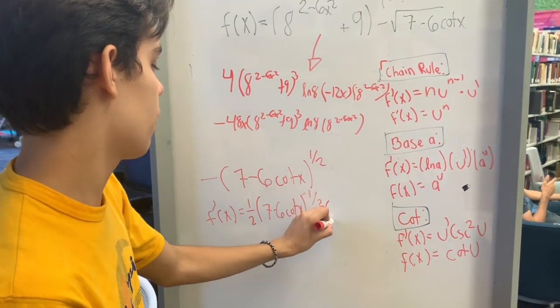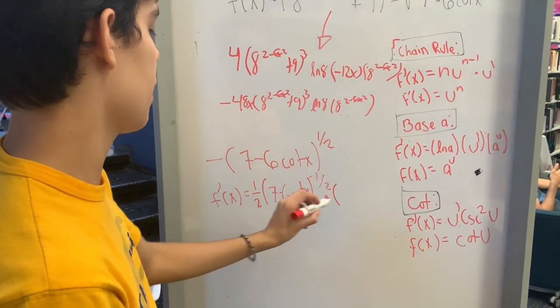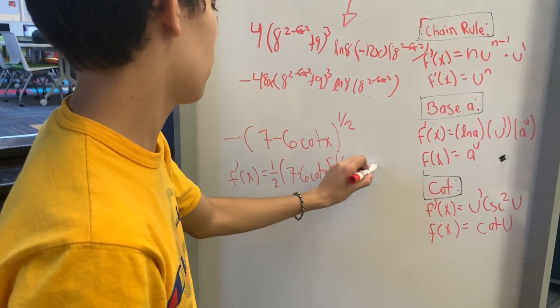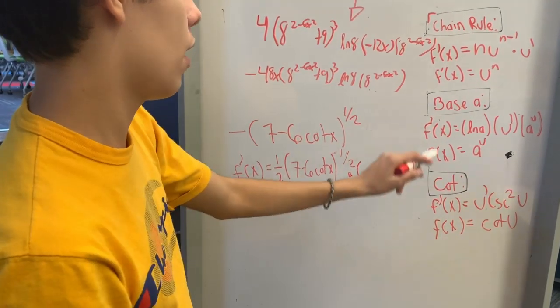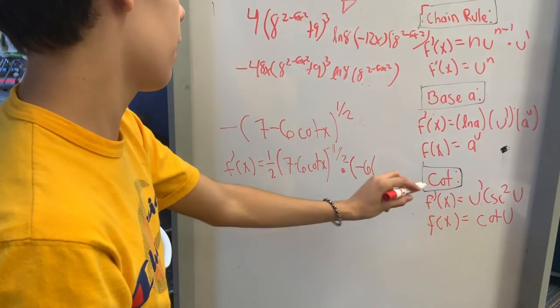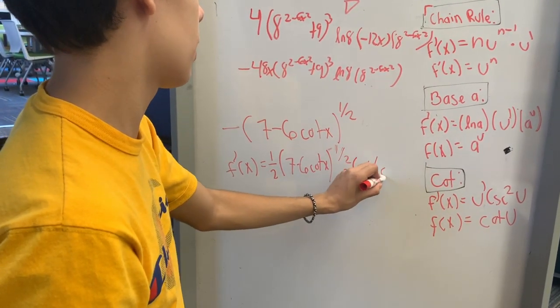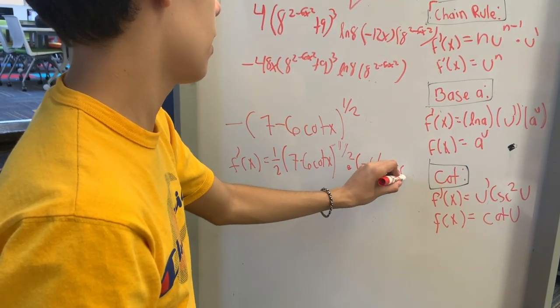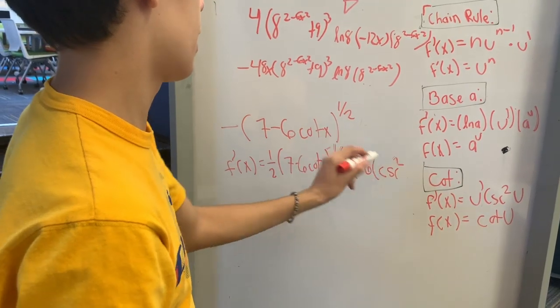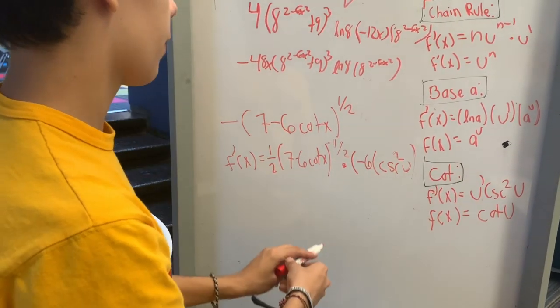To get the derivative, this is a 0, so it disappears, and we have a minus 6 times the trigonometric function. The derivative of x is 1, so it stays like that. Cosecant squared with the same argument, so it stays like this.